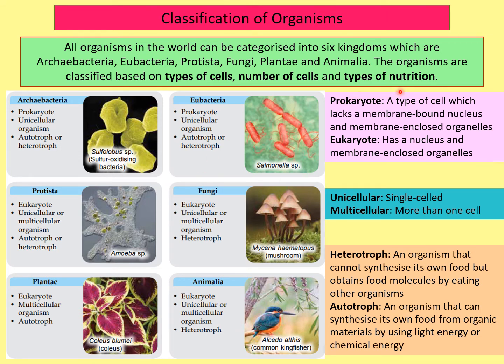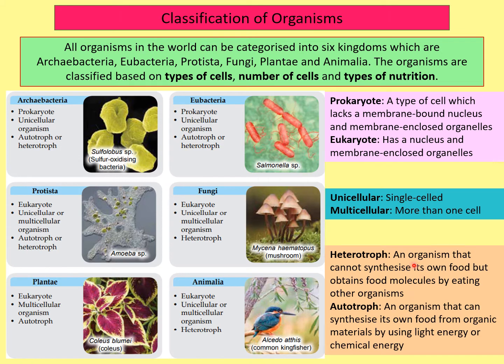Okay, look at type of nutrition. Archaebacteria and Eubacteria are autotroph and heterotroph, same as Protista. So these 3 kingdoms can be autotroph or heterotroph. And Fungi and Animalia are only heterotroph.